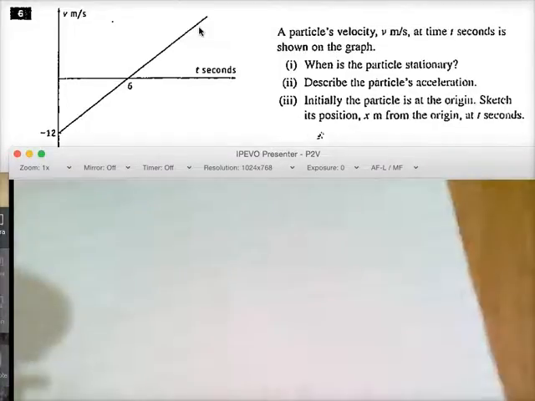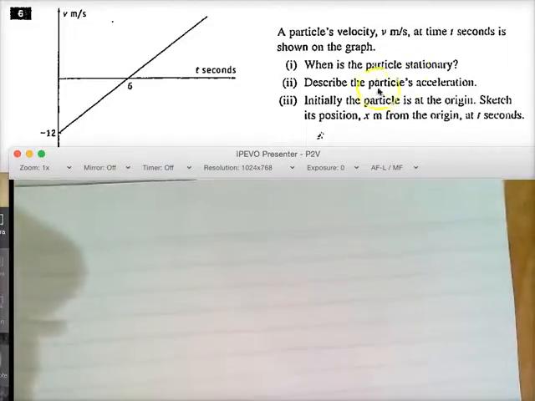So it says, first question, when is the particle stationary? Well, it's at time 6 seconds. Describe the particle's acceleration. Now, this is not a constant velocity. The velocity has a constant gradient.